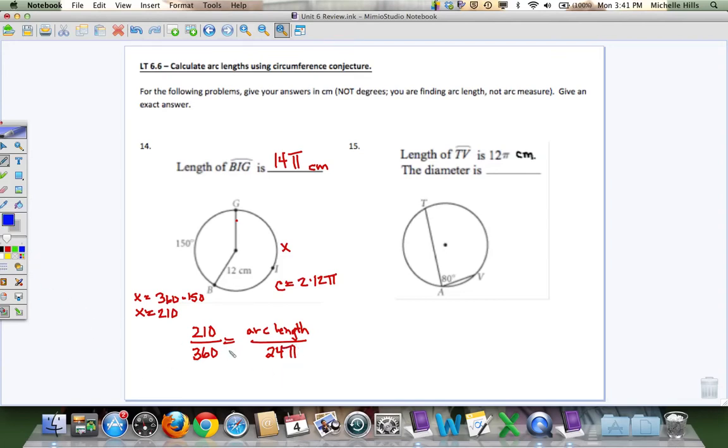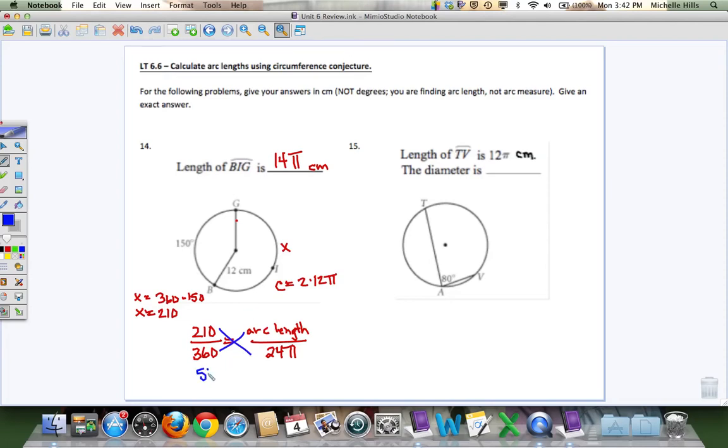Then I have it set up as a proportion, and I can cross multiply to solve that proportion. So 210 times 24 pi, but I don't want to use the pi, so 210 times 24 because it said to leave the pi in my answer. 210 times 24 is 5,040.